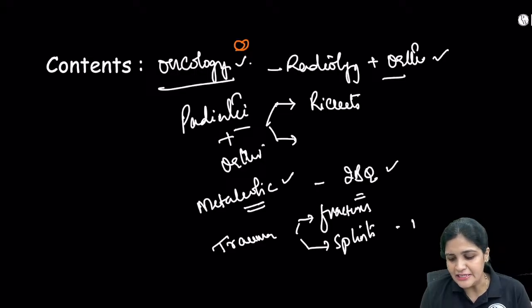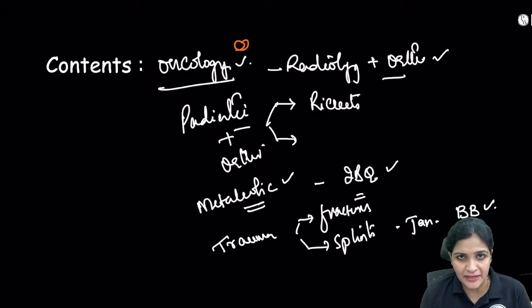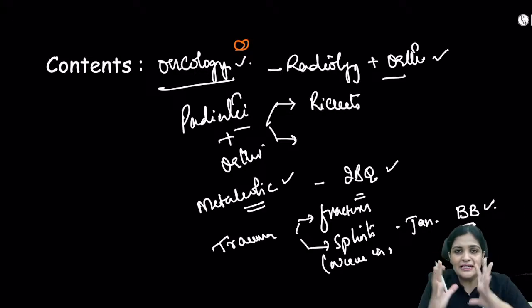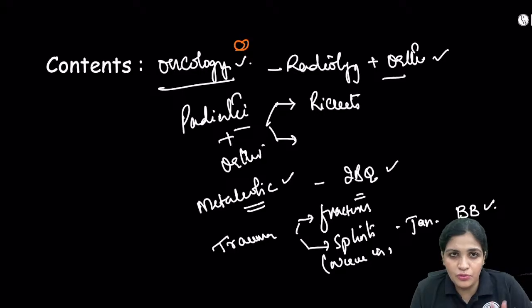Recently in Jan you have seen they asked about the BB splint, the Bowler-Brown splint, in the exam. So when it comes to trauma, they put up the x-ray of the fractures and the x-rays of the splints, which are mainly used in case of nerve injuries, right? So these are the sectors of preparation for ortho, especially regarding your IBQ.